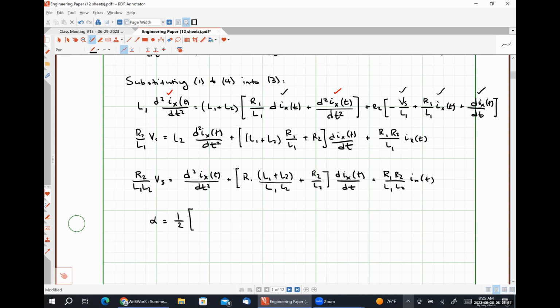And from this, alpha will be 1/2 times the coefficient of the first derivative term. Trying to think if there's a way to pretty that up, but not really.